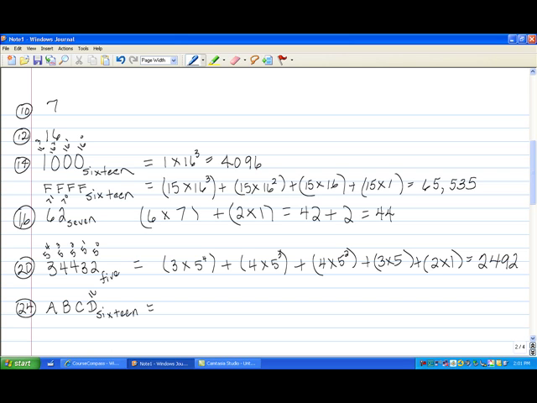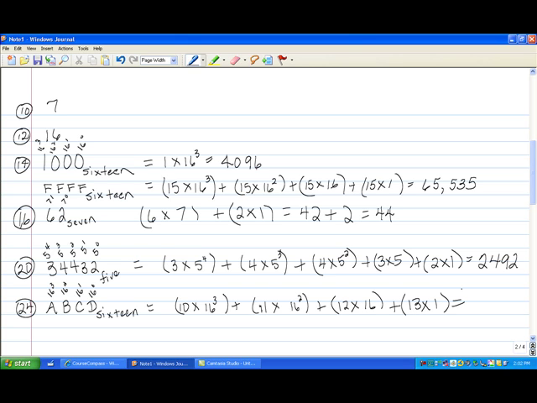And each of these positions represents a power of 16. So we have 10 times 16 cubed plus 11 times 16 squared plus 12 times 16 plus D, which is 13 times 1.